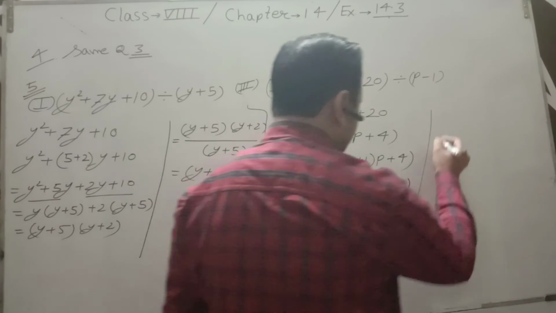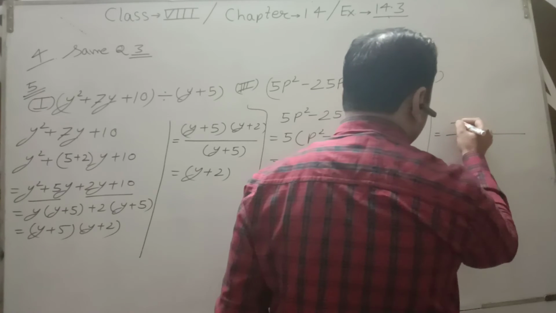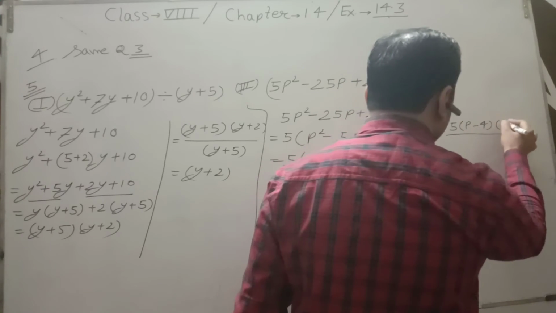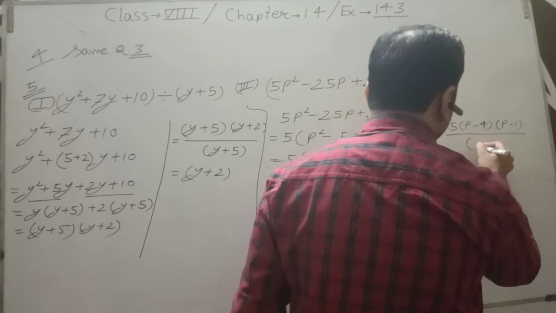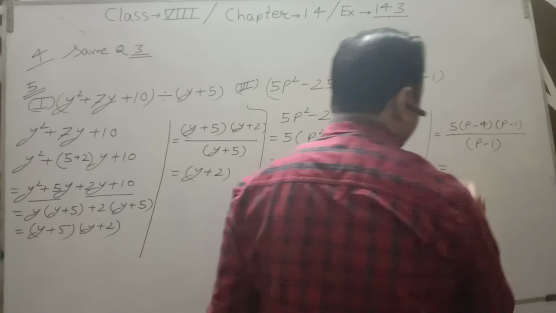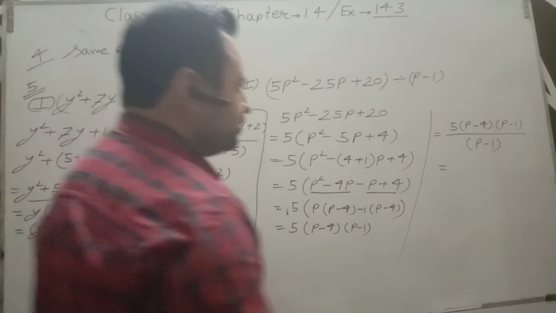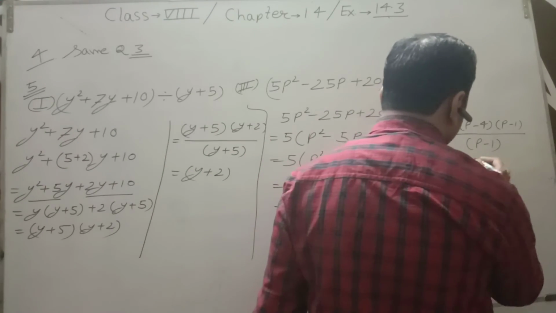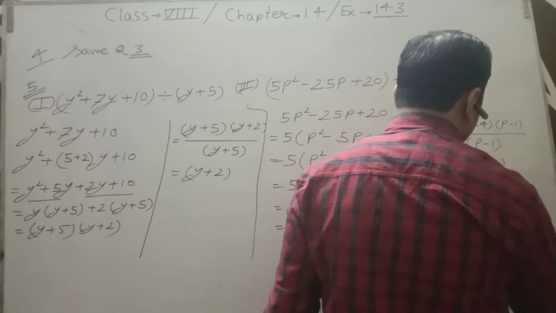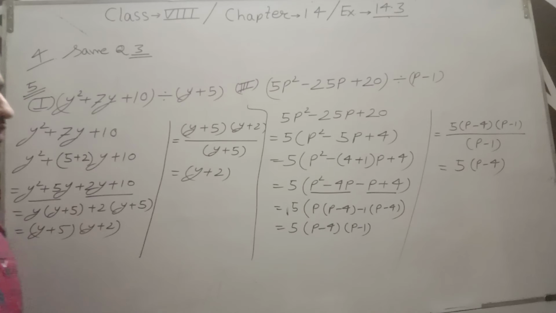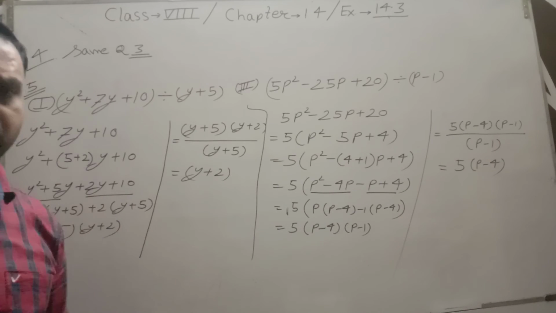Now we write the numerator in factor form, 5 into (p minus 4) into (p minus 1), and in the denominator there is p minus 1. P minus 1 and p minus 1 cancel out, and what remains is 5 into (p minus 4). So I hope these two parts are clear. Just note down.